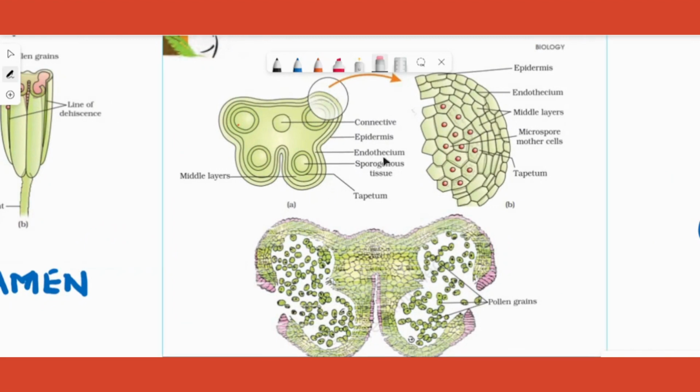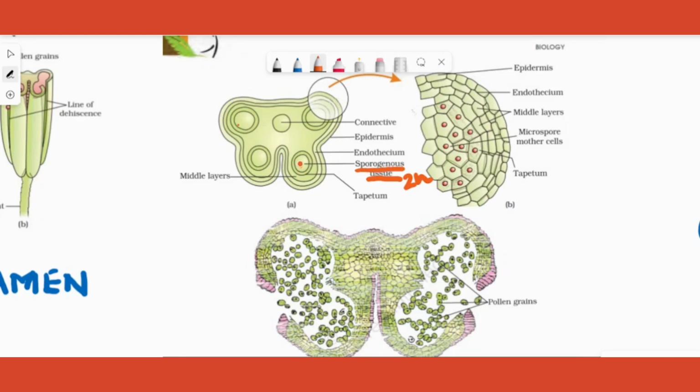In the innermost core is a tissue called the sporogenous tissue. This tissue is like any other normal tissue which has a ploidy of 2n. If you're not very clear on what is meant by ploidy, please comment below so that I can explain it in the next video. Alright, so you have some tissue.